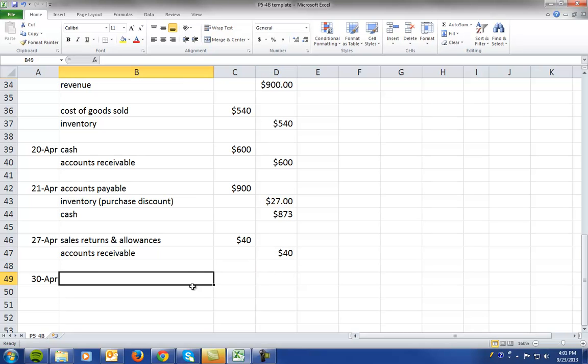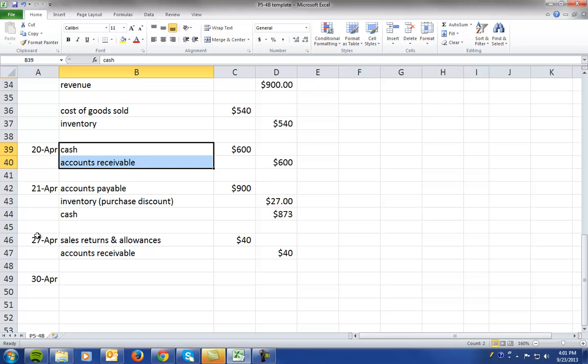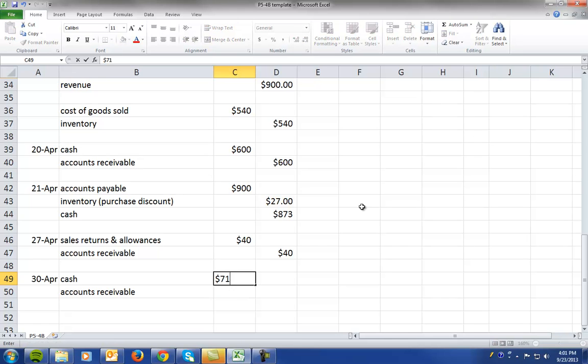And the last transaction on the 30th, it says they received cash payments on account from customers for $710. So that's the same as the transaction on the 20th. So we're going to debit cash for $710 and credit accounts receivable for $710. And that's the end of problem 5-4B part A.